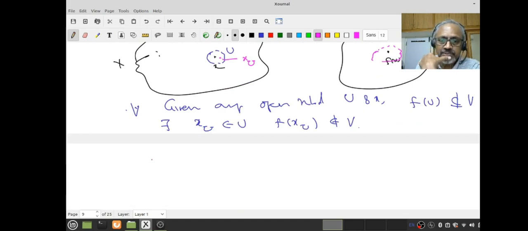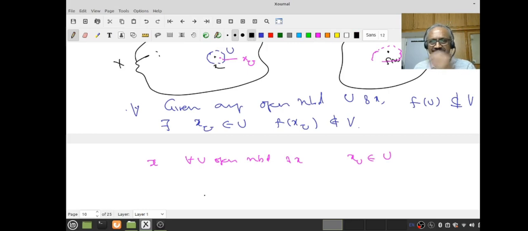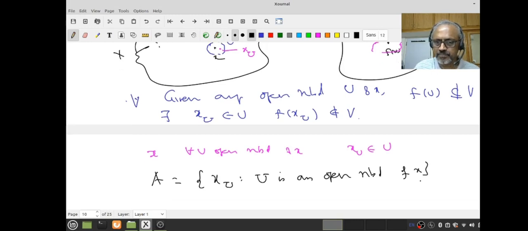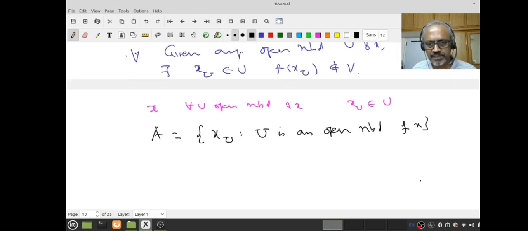You start with x, and for every U open neighborhood of x, I have an x_U in U, right? Now do you see something? This is where the creativity comes. What should be my A? Consider A to be the set of x_U where U is an open neighborhood of x. For each open neighborhood I have found it, right?